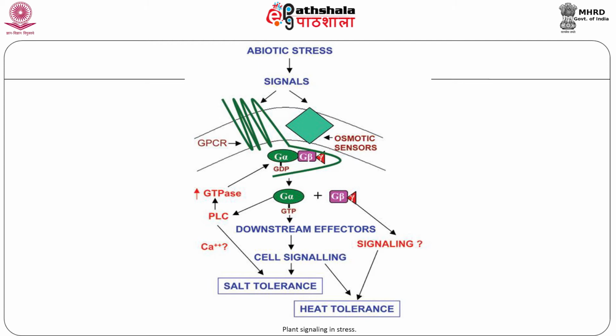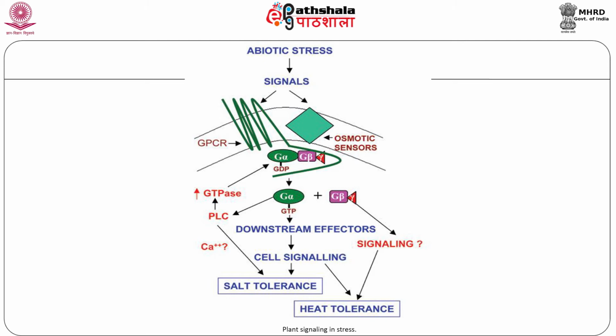The involvement of G proteins in various signal transduction pathways was initially implied pharmacologically using various agonists and antagonists. Involvement of G proteins in light signaling pathways has also been shown.